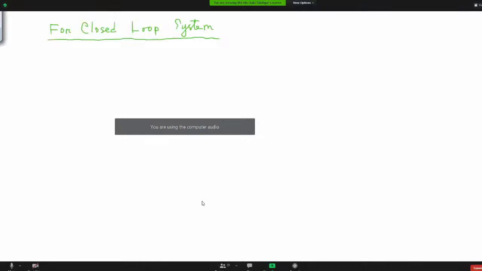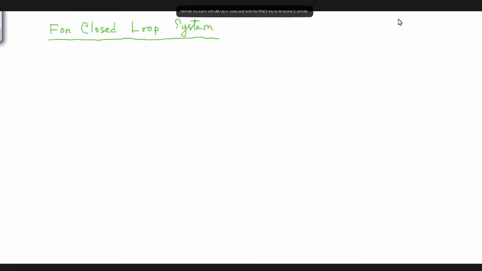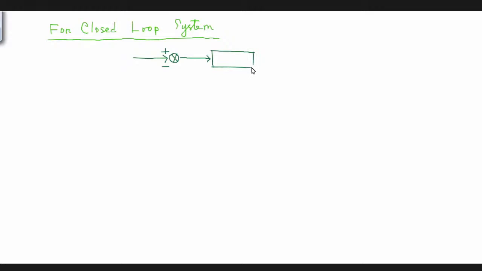For the closed system. Okay, now if you go to the diagram of the closed system, you know that you have the diagram something like this. We have a summing junction here. Then we have the plant here.